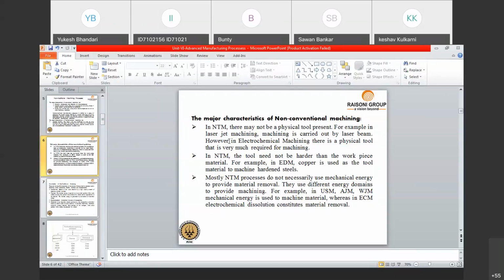In EDM, electro discharge machining, we use electrical as well as mechanical energy, a combination of the two. So you can see the differences from conventional machining processes.